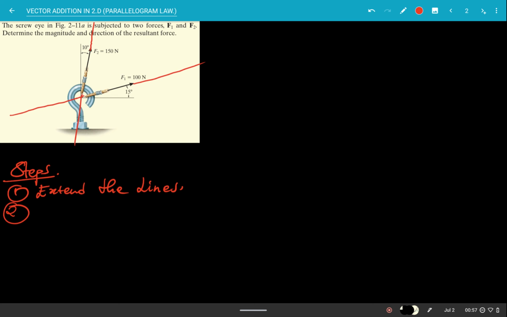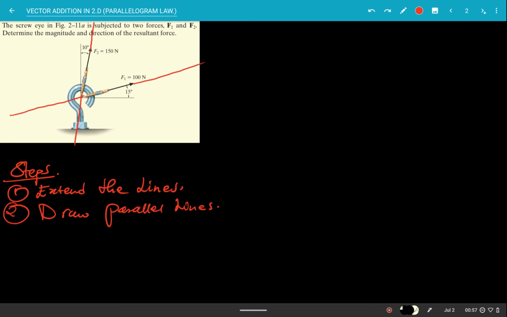Step 2, draw parallel lines. Now the parallel lines we're drawing are of F1 and F2. The parallel line of F1 that we have here has to pass through F2. So I'm going to draw a parallel line of F1 to F2.